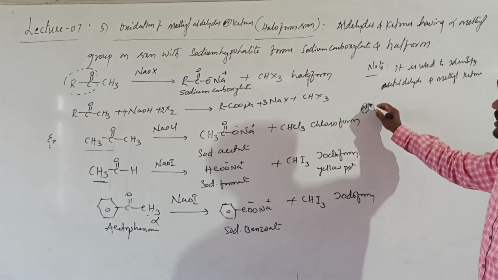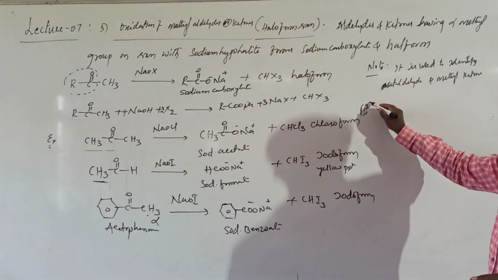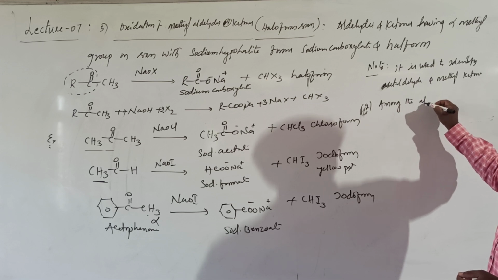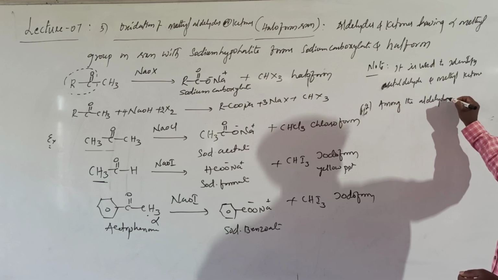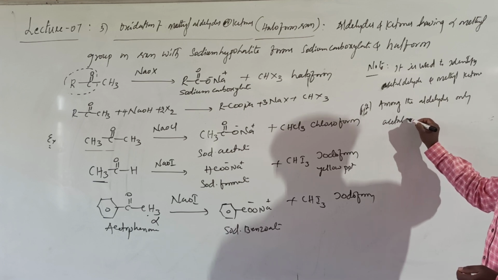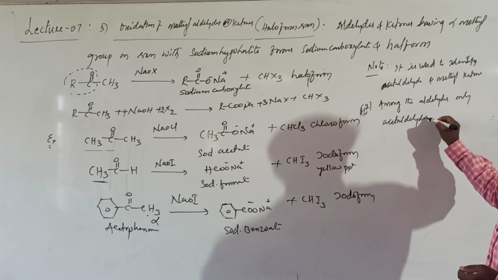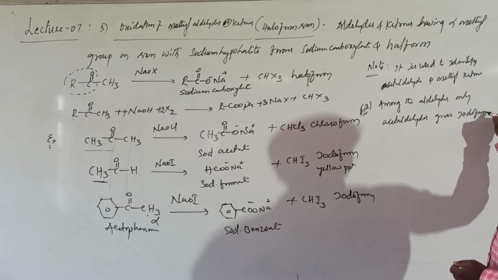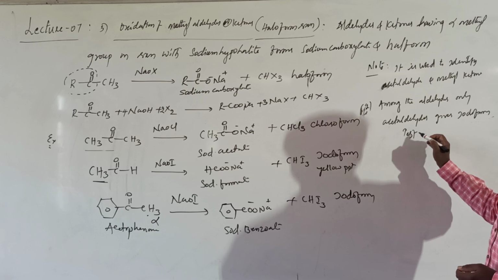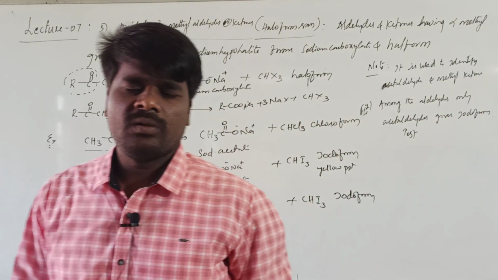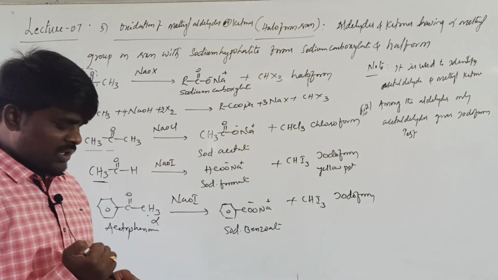Another important note is that among the aldehydes, only acetaldehyde gives the iodoform test. Any other aldehyde apart from acetaldehyde won't contain an alpha methyl group. Because of the lack of an alpha methyl group, they won't give this reaction.